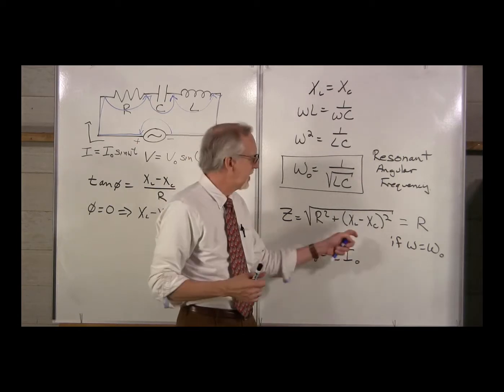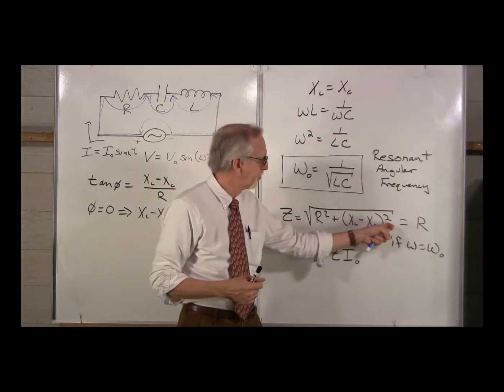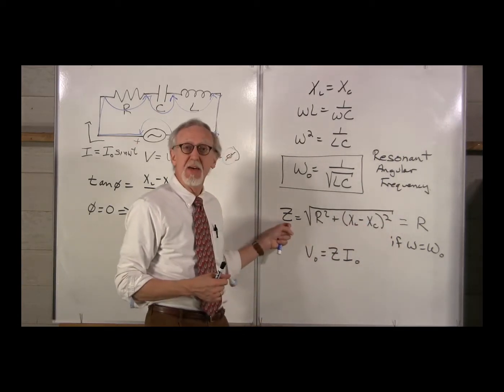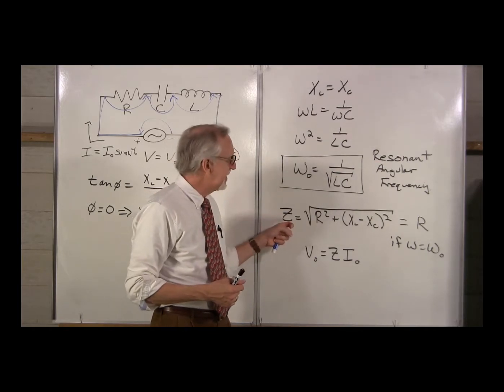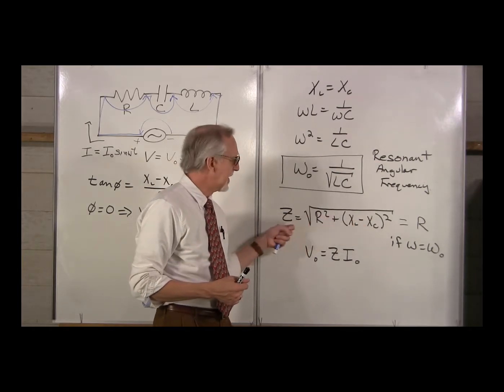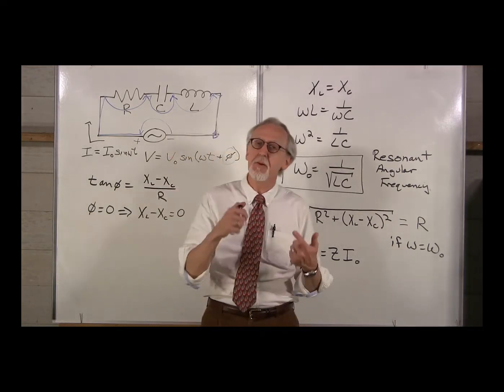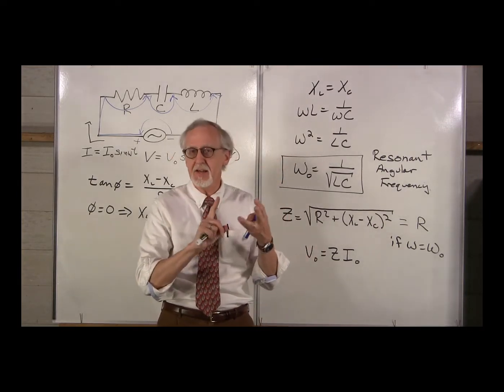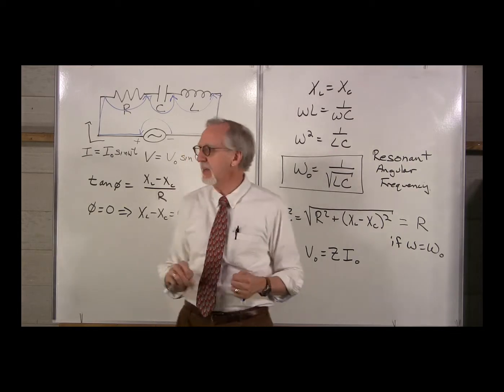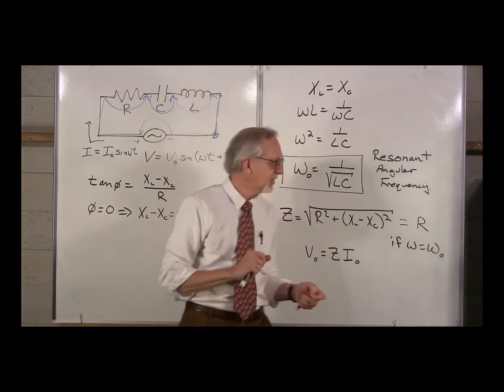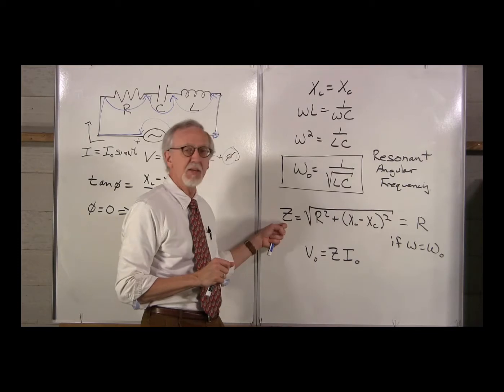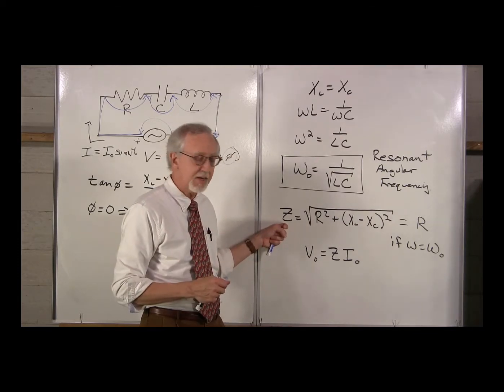It can't be negative because it's a quantity squared. The smallest value then that the impedance can have is if this is 0 and Z equals the value of R. That is assuming we have some fixed value of R, C, and L, and the only thing we're changing is the frequency. So by adjusting the frequency, we can minimize the impedance to the smallest value we can get.